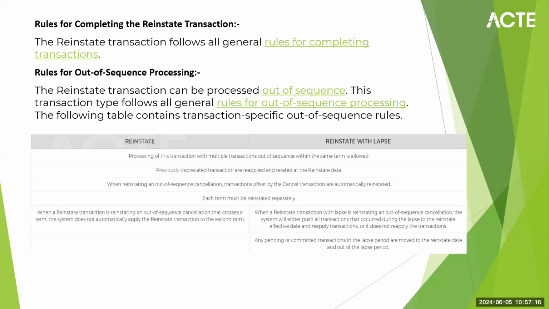If it is outside, then it will not revert back the changes. Any pending or committed transactions within the lapse period are moved to the reinstate date and out of the lapse period. Okay. Suppose you have done any pending transactions before reinstate, those will be moved to after the reinstate. Order will be changed.